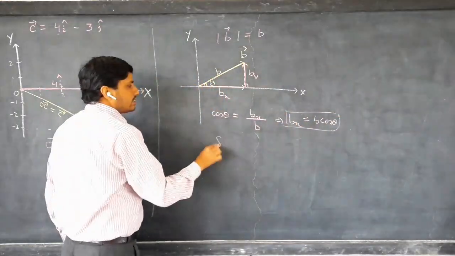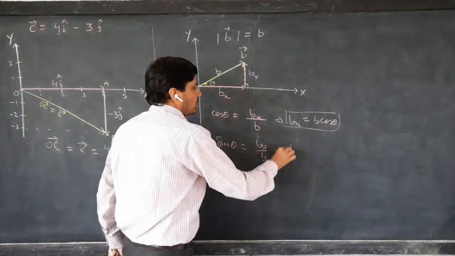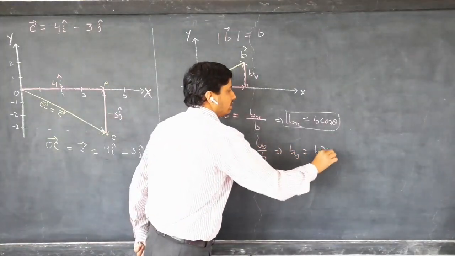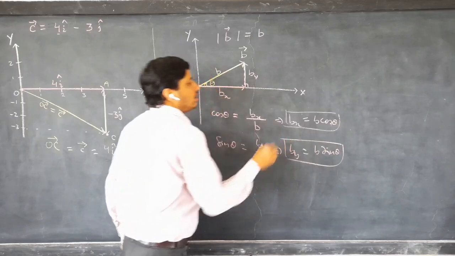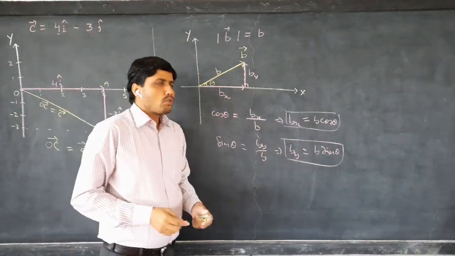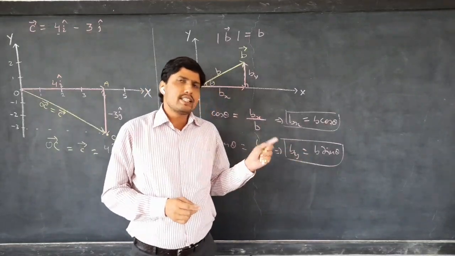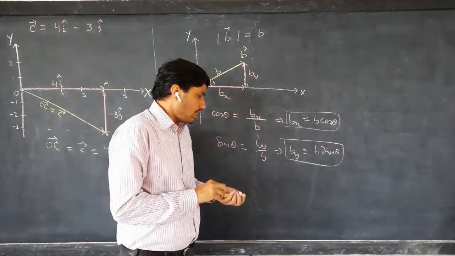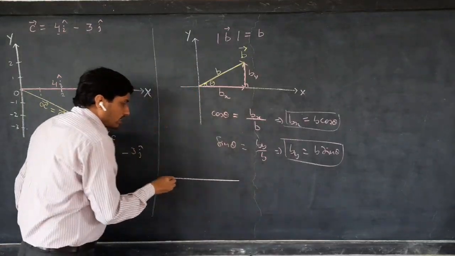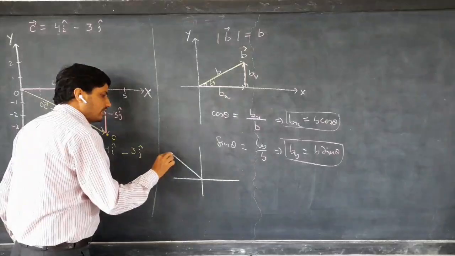And likewise, sin theta will be By upon B. So our By becomes B sin theta. If magnitude and angle are given, then the x and y components of the vector can be obtained like so. Note that here theta is the angle made with x-axis. We can have a situation like so, wherein there can be a vector like this.